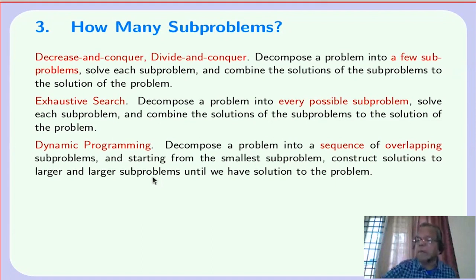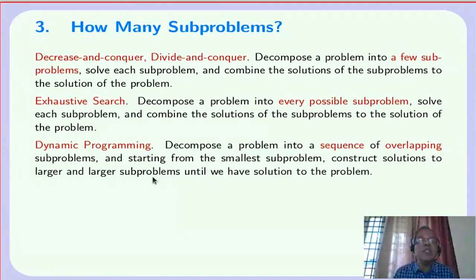Okay. We have done something very important, and let's take a review of what we have done. In decrease and conquer and divide and conquer, decompose a problem into a small number of subproblems. Solve each subproblem and then combine the solutions of the subproblems into the solution of the problem. That's the classical algorithmic problem solving approach.